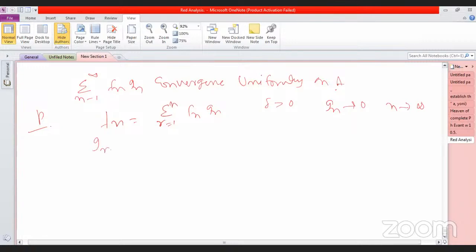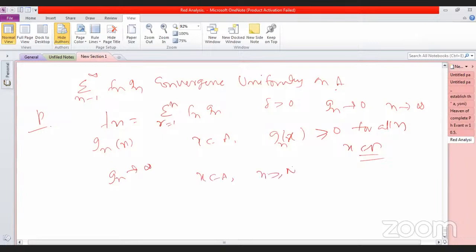Therefore g n of x is decreasing for x belonging to A, and g n of x is greater than 0 for all n, x belonging to A. So g n tends to 0 uniformly on A: for x belonging to A and n greater than or equal to capital N, the modulus of g n of x is less than delta by what value?